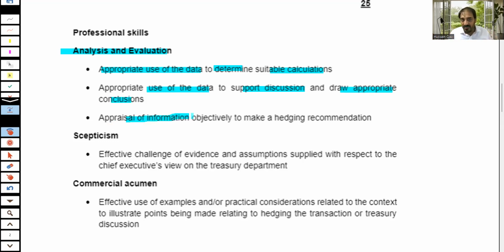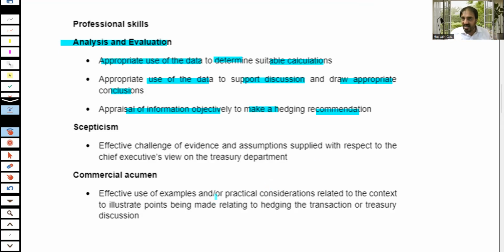Then appraise the information objectively to make a hedge recommendation. Whatever your discussion, that should be objective. Objective means whatever discussion you are making has a purpose: to make a conclusive decision.